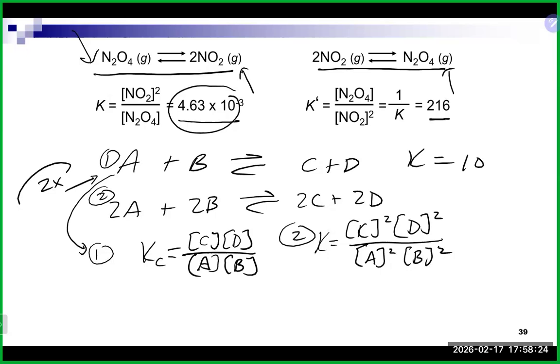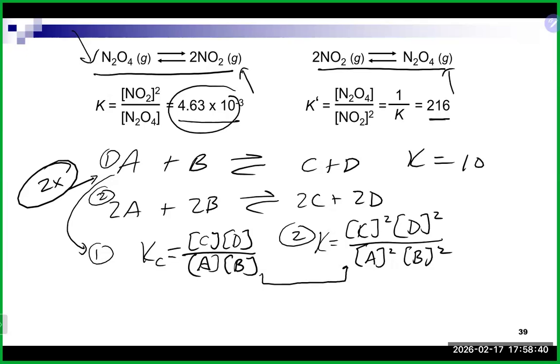So what I did to the first equation was multiply the entire equation by 2. What happened here in terms of our equilibrium expression as I did that? As I multiplied by 2, my equilibrium expression now becomes squared.